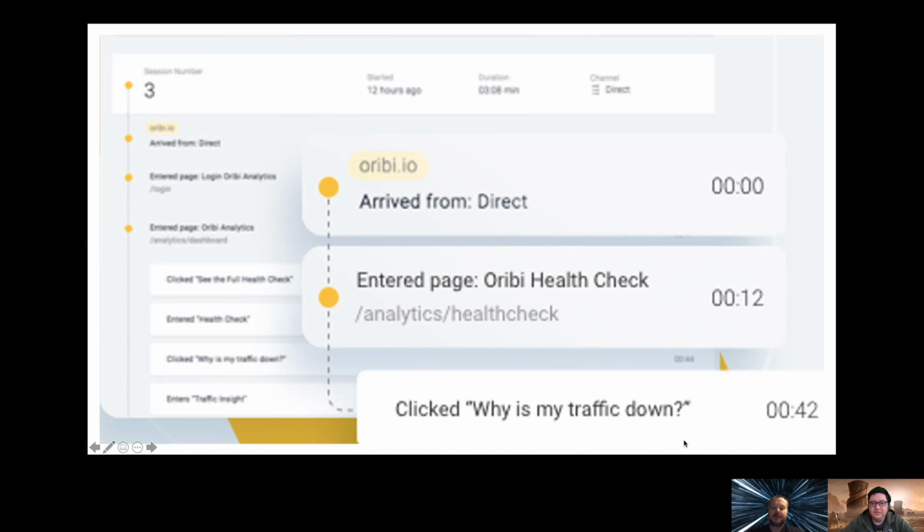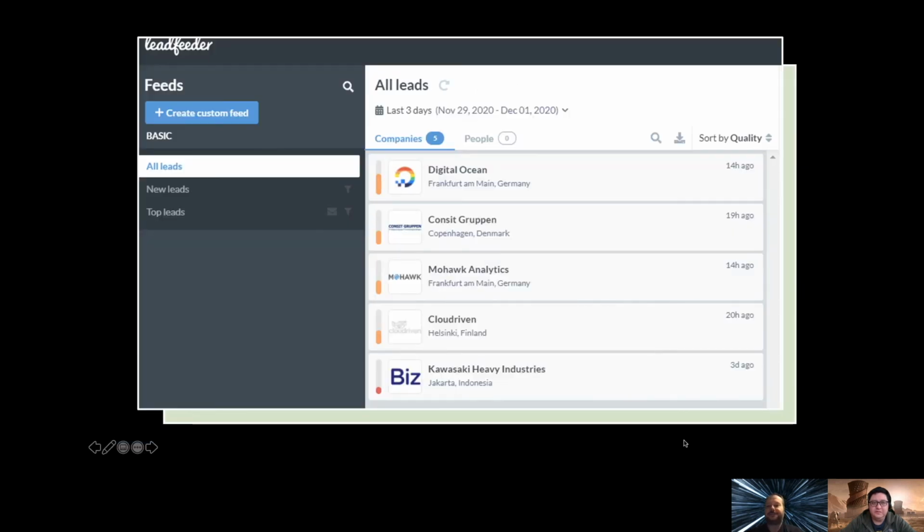Yeah, and some engagement. So the next one is Lead Feeder. And the interesting thing is that they work nicely together. As we said in the beginning, in Oribe, for new visitors, you obviously don't know where they are from, but you see which country they are from. So when you combine it with Lead Feeder, you see the companies from that particular country who are looking at your website.